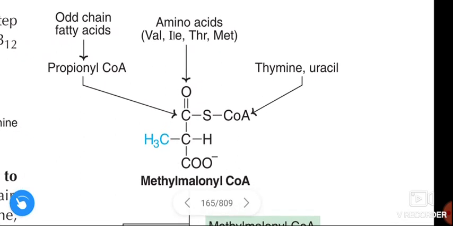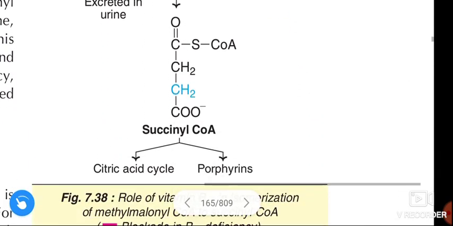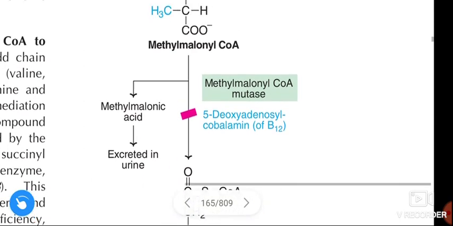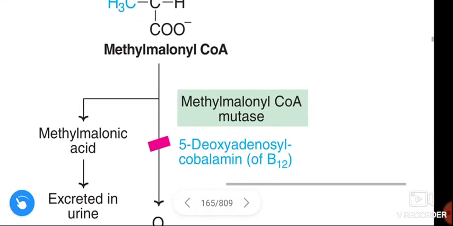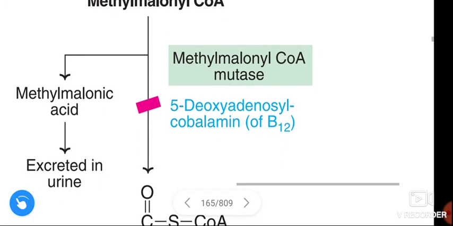It may be done directly or mediated through propionyl-CoA, and the formed methylmalonyl-CoA is converted to succinyl-CoA through the enzyme methylmalonyl-CoA mutase.